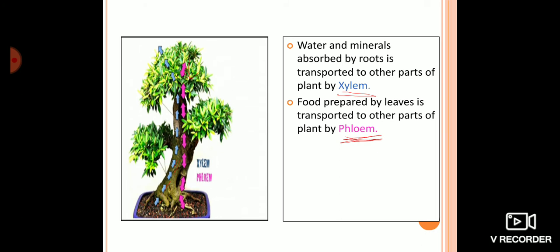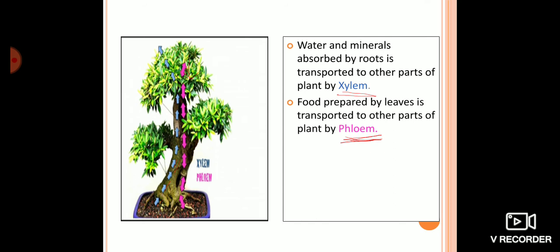With the help of special tubes present in the stem, and these tubes are called xylem. And we also know that food is prepared by the leaf by the process of photosynthesis. Now this food is again transported to the other parts of the plant with the help of a special tube called phloem. So what we studied is water and minerals are transported by xylem and food is transported by phloem.